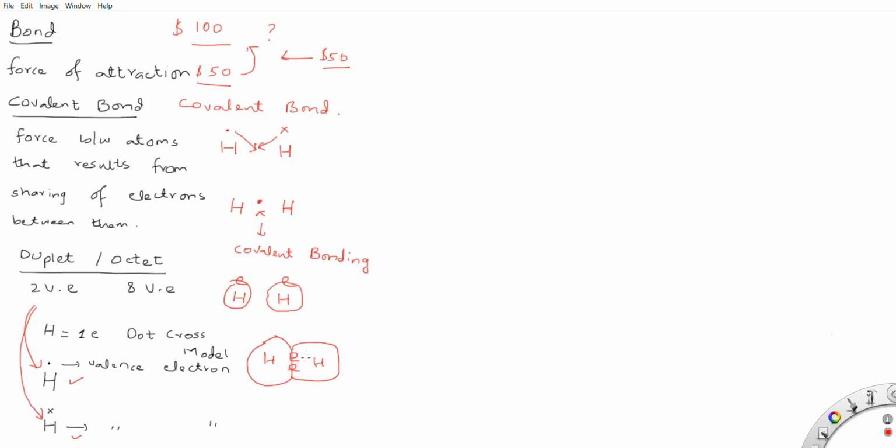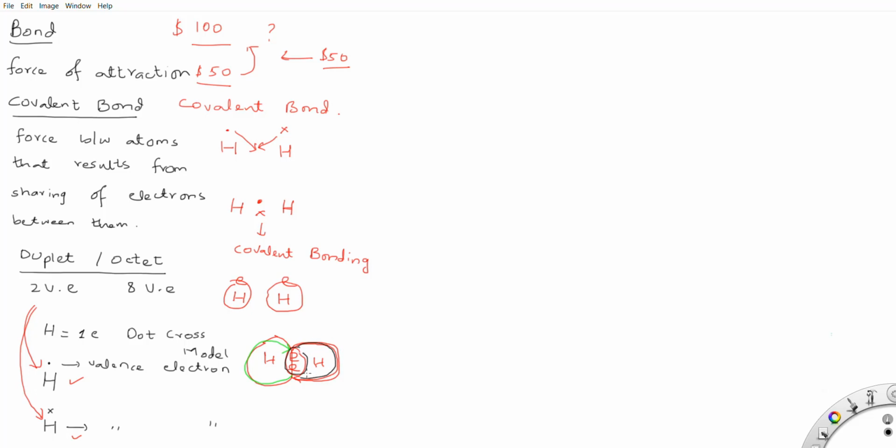Now these two electrons can move here, and then they can move here as well. If we trace the path, we can see these two electrons are first cycling here.